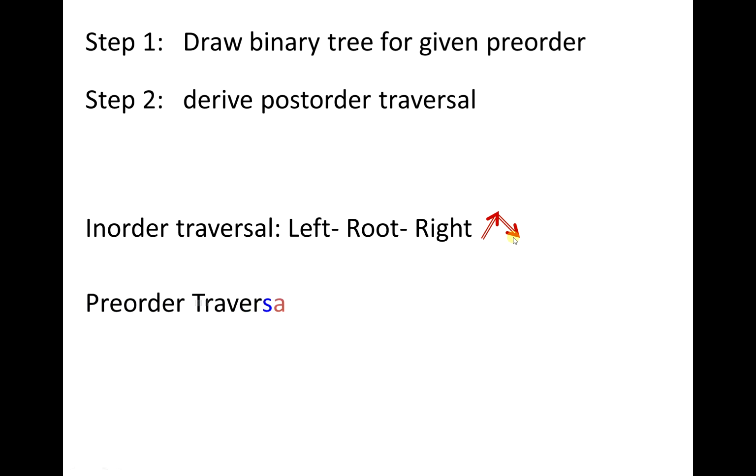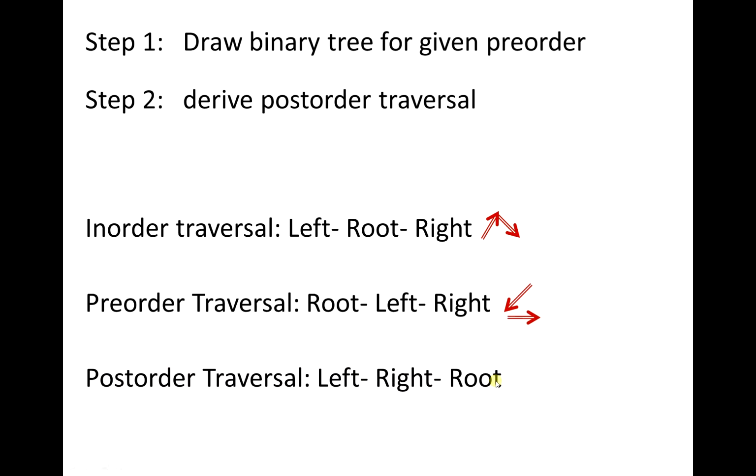Likewise in pre-order traversal we move from the root to the left subtree and then to the right subtree. In post-order traversal we move from the left to the right subtree and then to the root node.